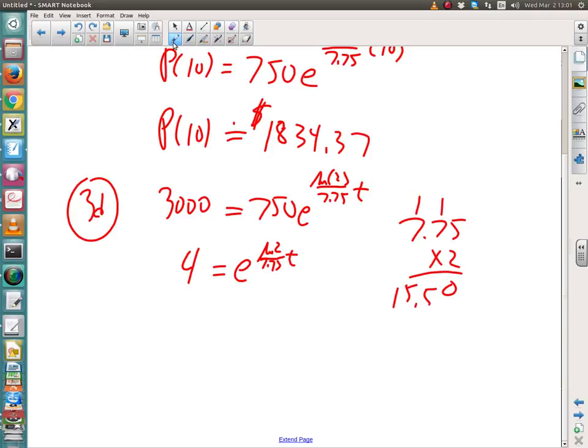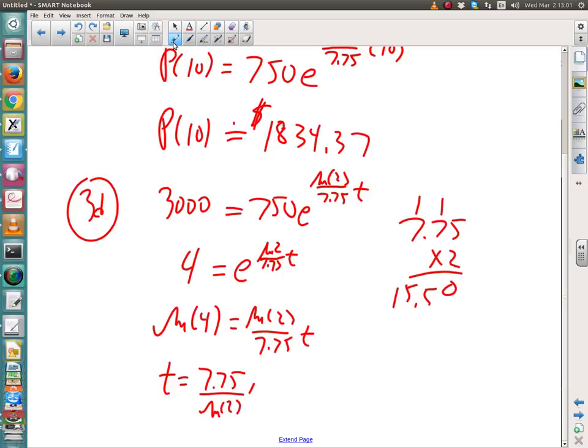But if, say, you didn't see that, ln both sides. And divide by this number in front of the t, or multiply the reciprocal. So t is 7.75 over the ln of 2 times the ln of 4. Now think of it. ln of 4 is ln of 2 to the 2.